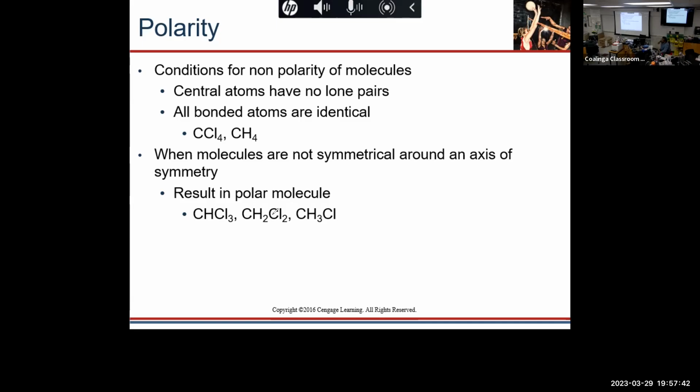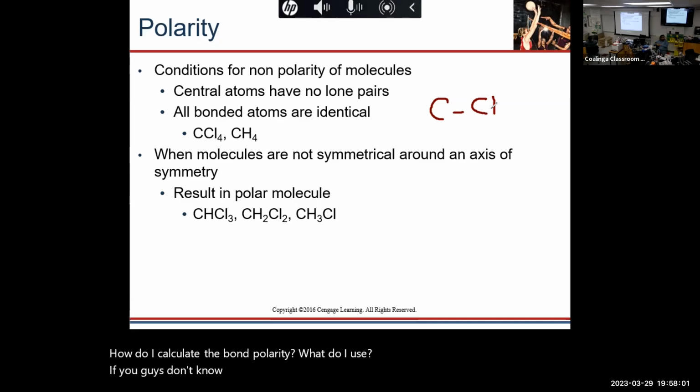I'm talking about just a single bond between carbon and chlorine. How do I calculate the bond polarity? What do I use? Would it be 3.2 minus 2.6?